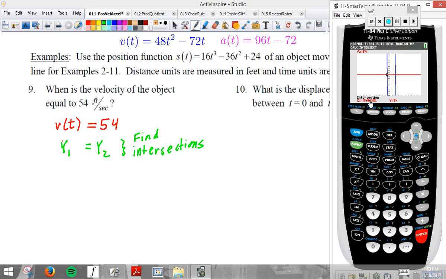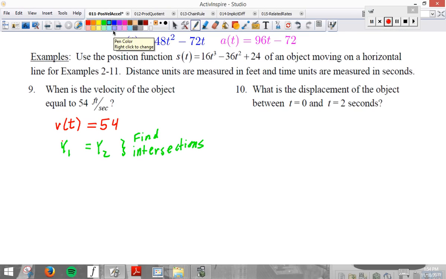And we get this as our timestamp. This is a time value, and as we see, this is where the velocity equals 54. We know this intersection has to happen where they have the same x and the same y, so we knew the y value had to be 54. So I'm going to write this down to 3 decimal accuracy. Now on the AP test, you don't have to write down the calculator steps, since they'll find the intersections.